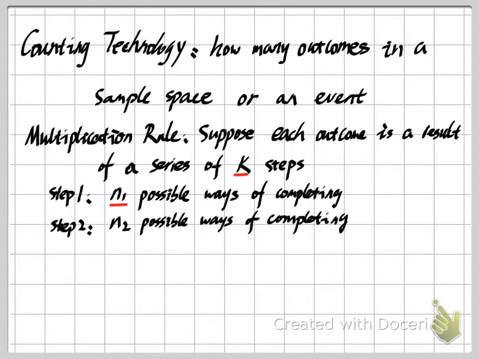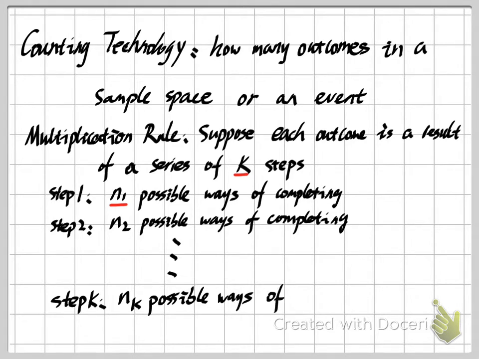We continue until the last step, which is step k, denoted by n sub k. When each step has a different number of possible outcomes, n sub 1, n sub 2, until n sub k can be different numbers.